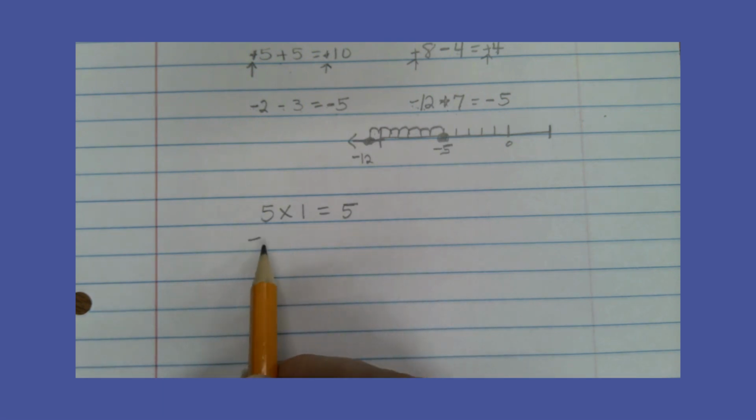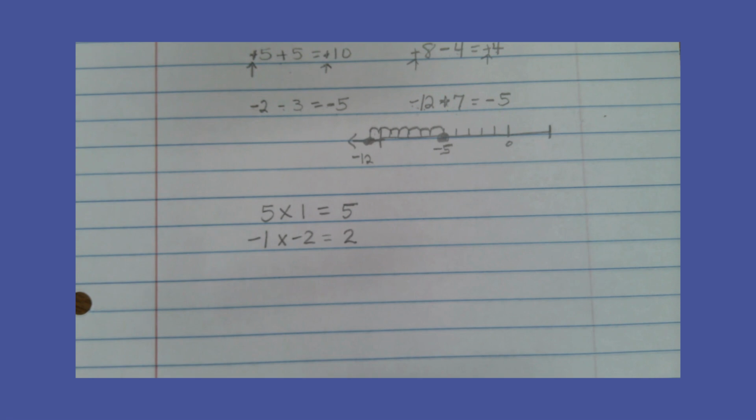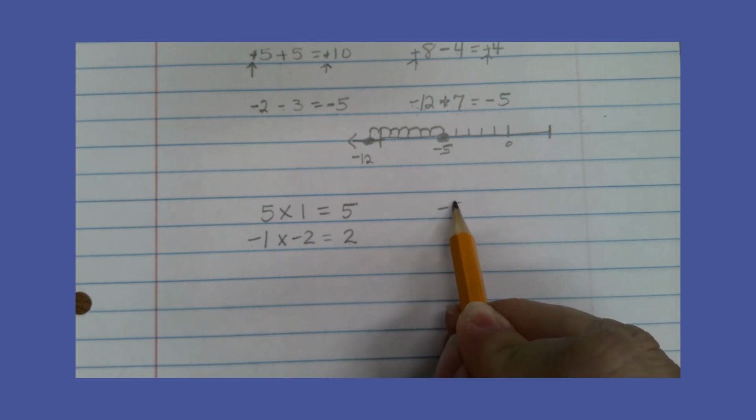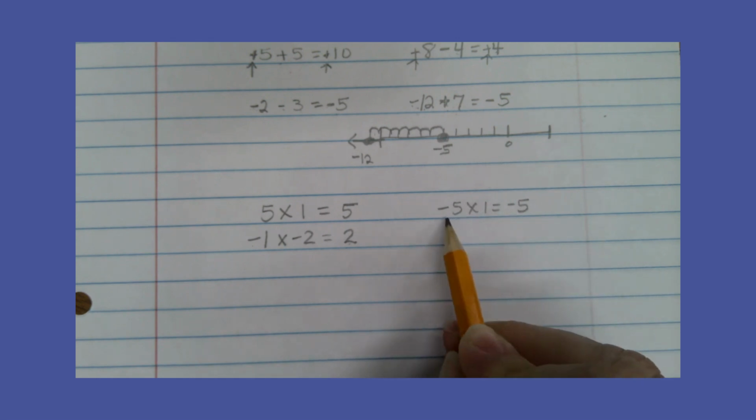Kind of same thing here. If I have a negative times a negative, it also equals a positive. So a positive times a positive equals a positive. A negative times a negative equals a positive. But if one of them is negative and the other one is positive, the answer is going to be negative. And it doesn't matter which one.